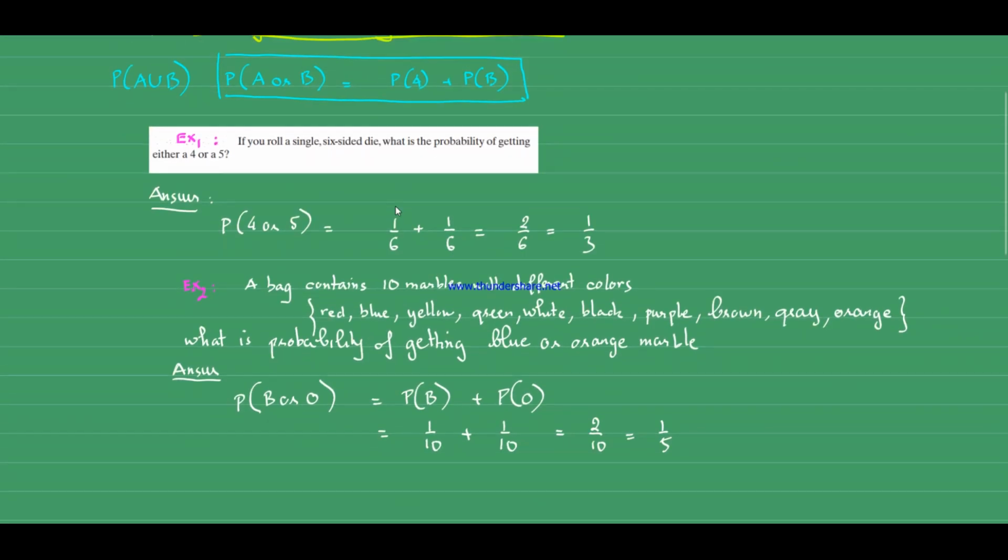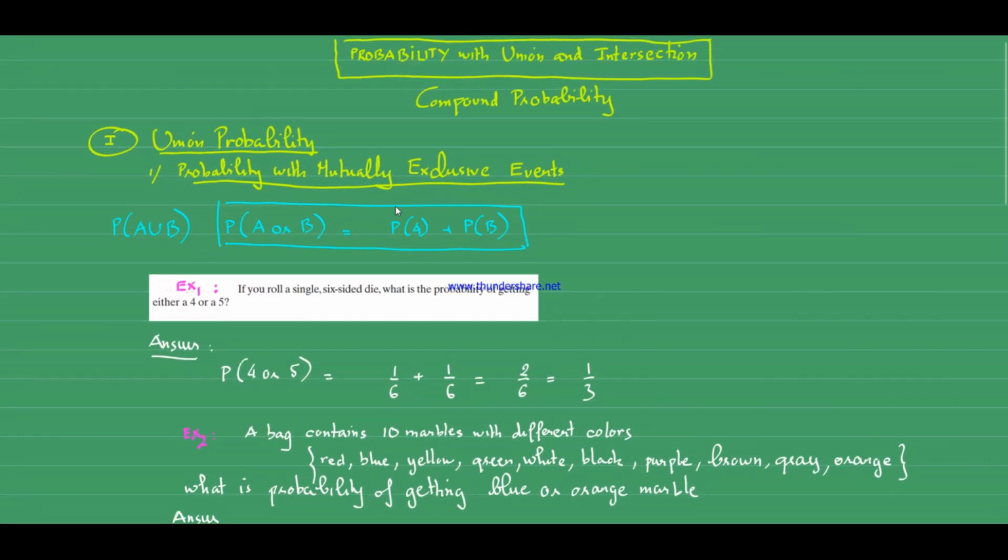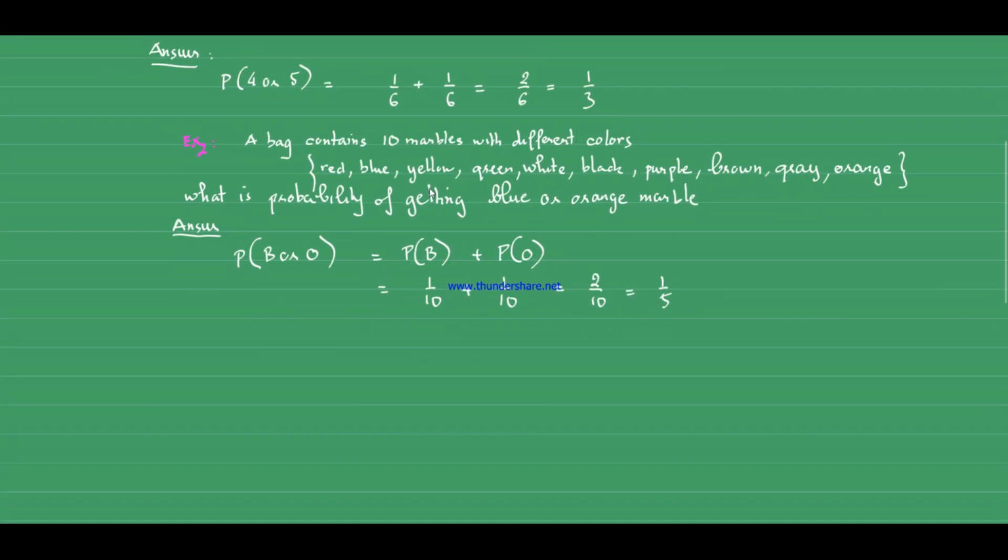All right. Now the second type of probability, union probability, is the one with the non-mutually exclusive.